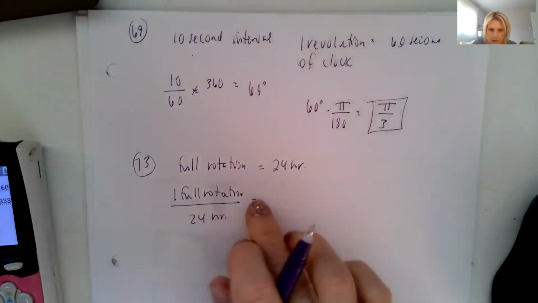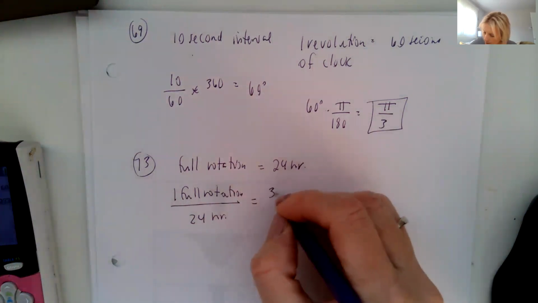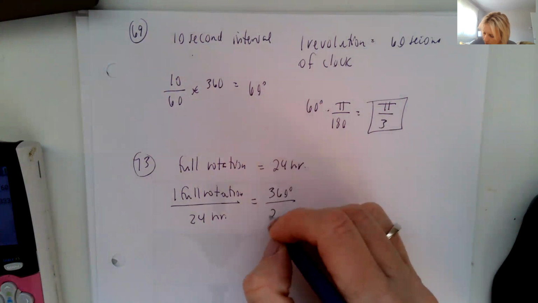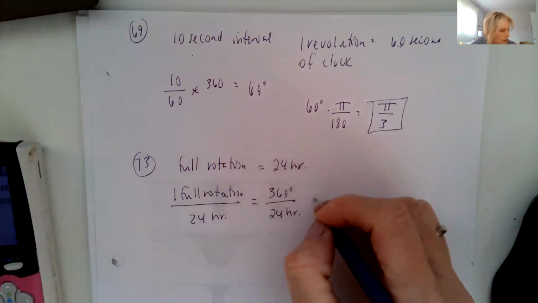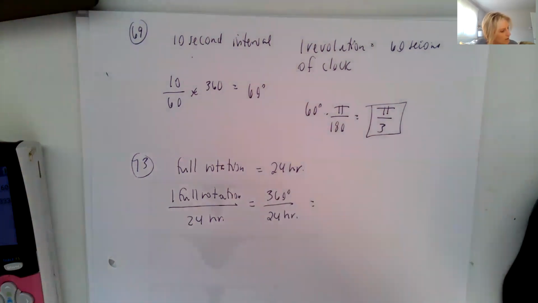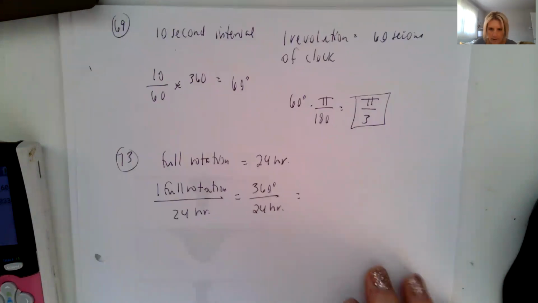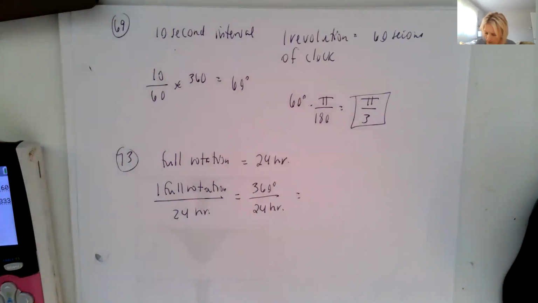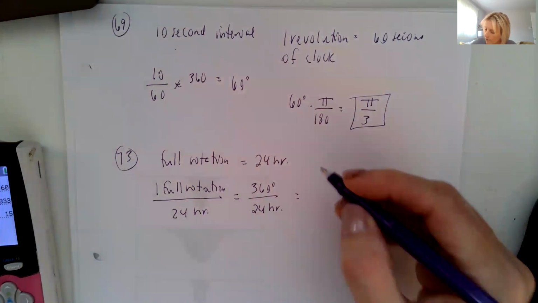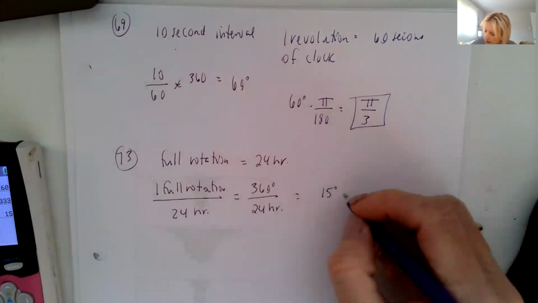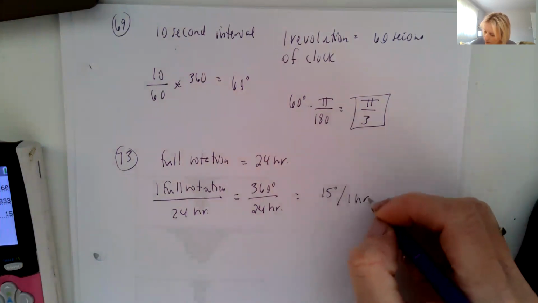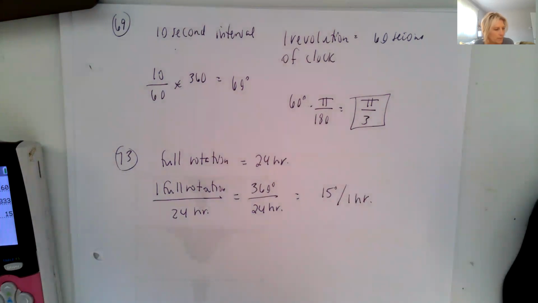And we know equivalent to 1 full rotation is 360 degrees over that 24-hour period. And it's asking us how many degrees, so we want it in degrees. So we're just going to take 360 and divide by 24 and find out that every hour we're rotating about 15 degrees.